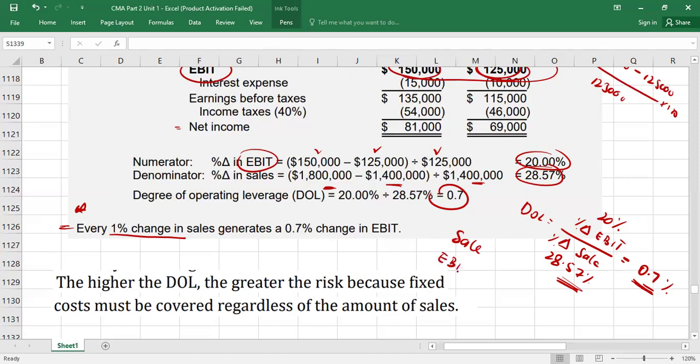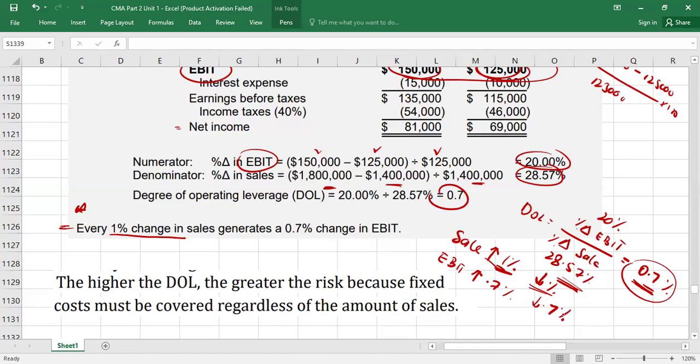If your sales increase by 1%, this sales we keep as 1%, your EBIT will also increase, but it will increase by 0.7%. But what if your sales decrease by 1%? This we keep as 1 always. If your sales decrease by 1%, then your EBIT will also decrease by 0.7%.